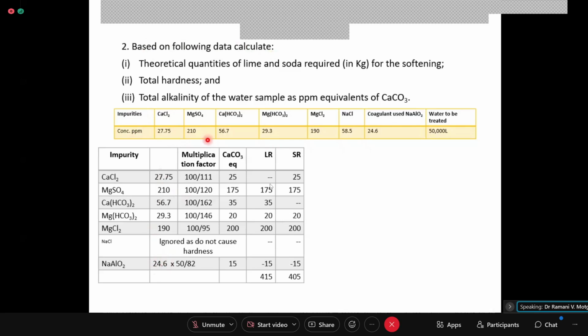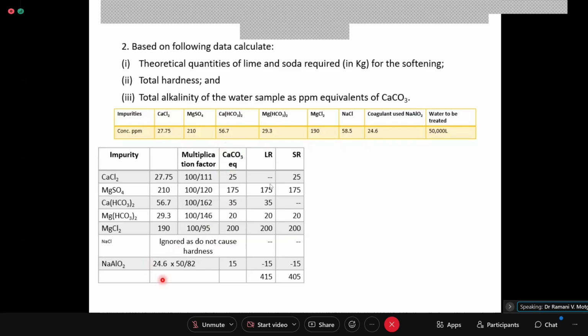Now we need to know its multiplication factors. So for these magnesium and calcium salts, there is no issue. You will write 100 by the molecular weight of the salt, right? So for calcium chloride, it is 100 by 111. For magnesium sulfate, 100 by 120. Magnesium and calcium bicarbonate, 100 by 162, and so on. So you get the CaCO3 equivalent. Now comes the important part.